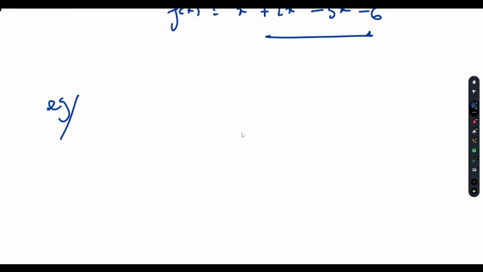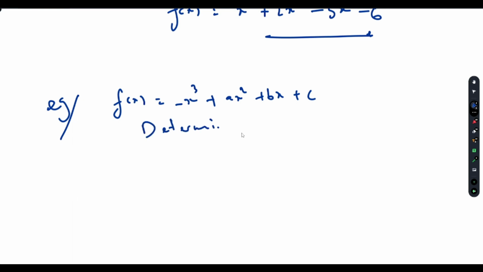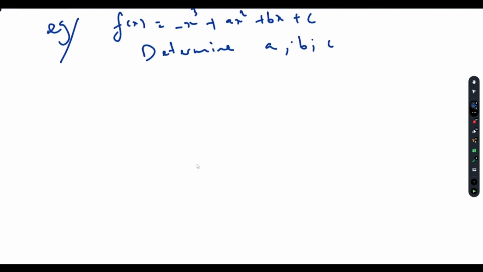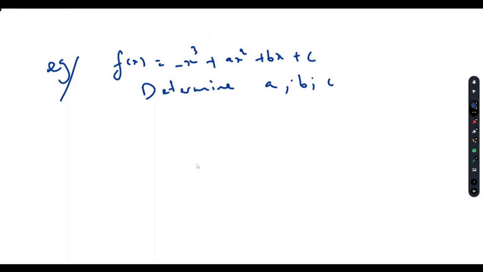So let's say we have the equation f of x is equal to minus x cubed plus ax squared plus bx plus c, and we want to determine the values of a, b, and c, and this is what we're given in the question.